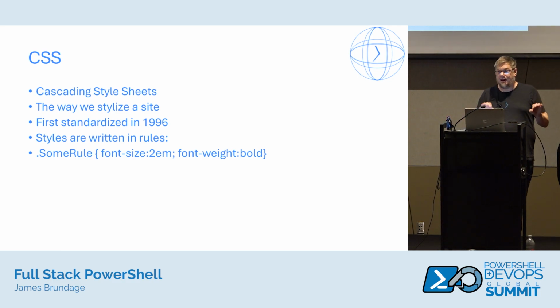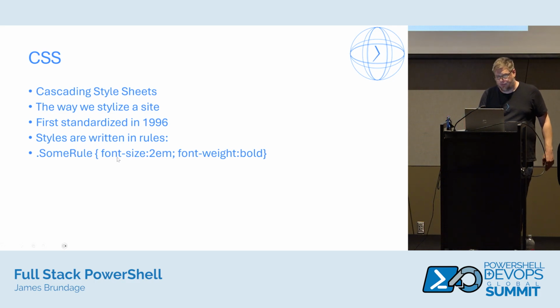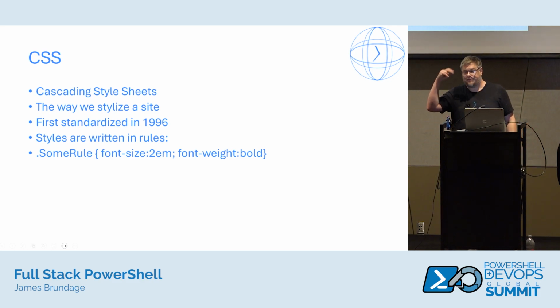I can just say HTML, or let's say a or h1, with class equals some-rule, no dot. And then this will be picked up. Font size 2em means I want to make it twice as big, and font weight bold.